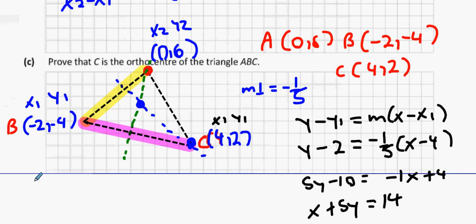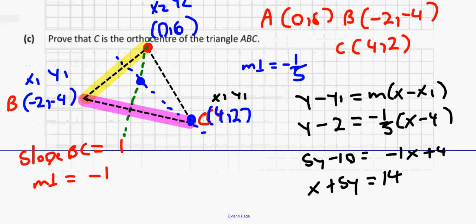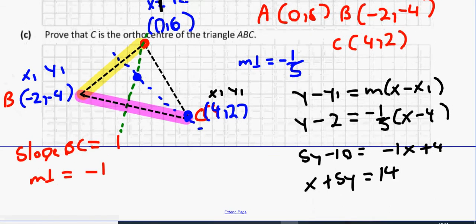It's 1. Is everybody happy that the green line is perpendicular to BC? So what would be the slope of the green line? -1. What point does the green line go through? (0, 6). So we can get the equation of that line using the point (0, 6).